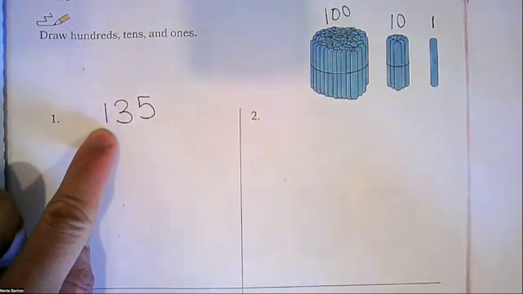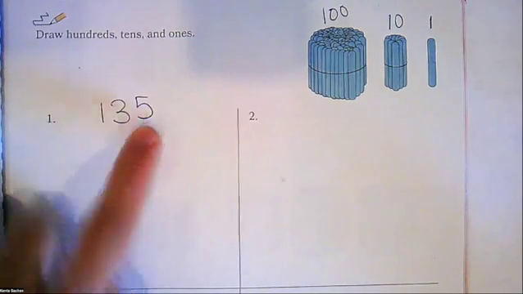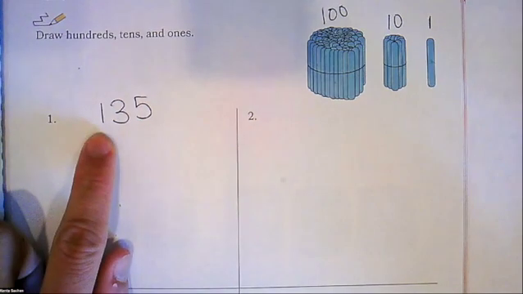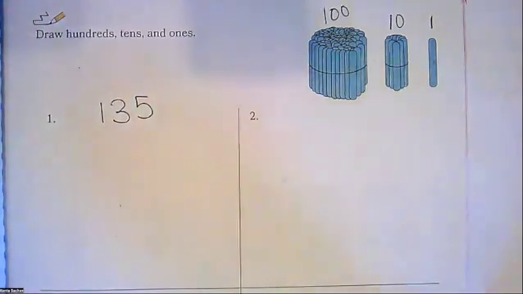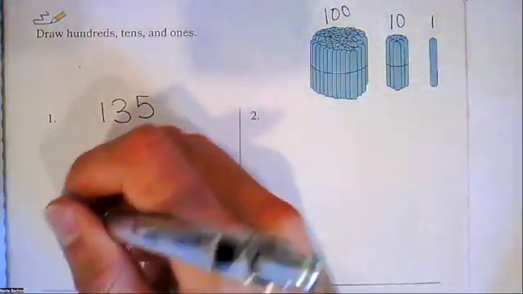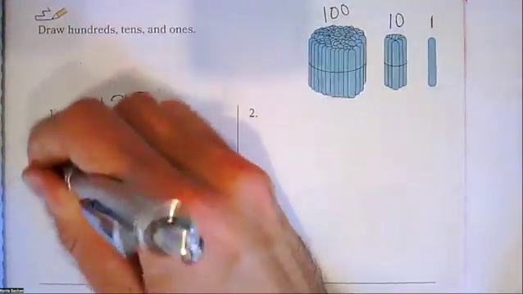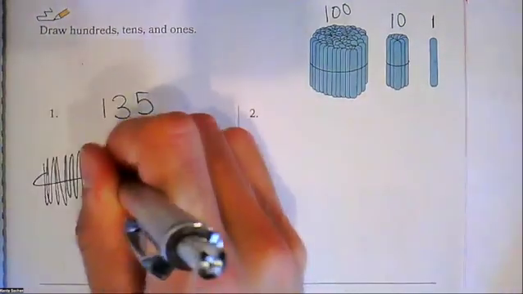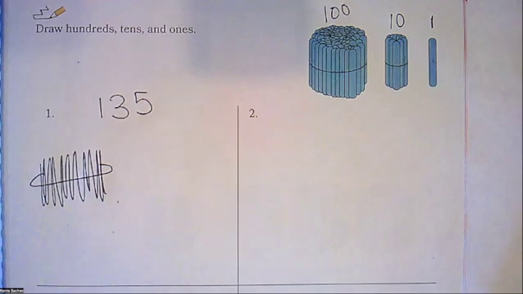So this number is the 100 number, this is the 10 number, and the 1 number. I see that there's 100. So I'm going to draw one of these. Now, it's going to take forever if we make it this beautiful drawing, so I'm going to draw a big thing with a circle around it. Now that's 100.